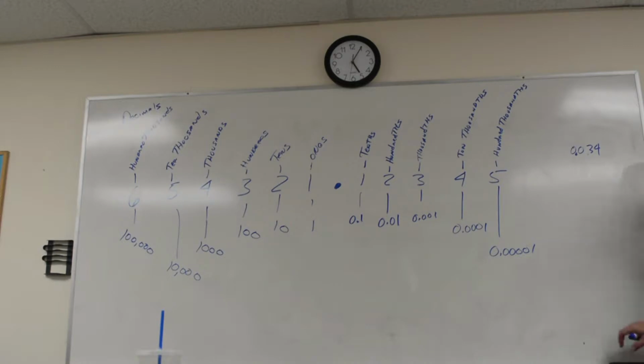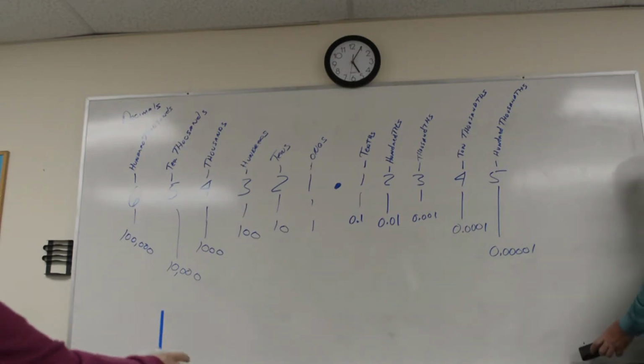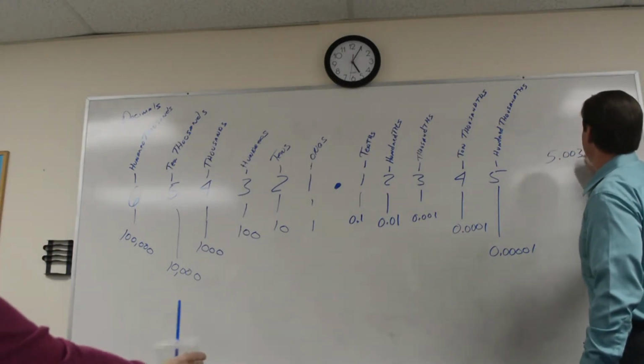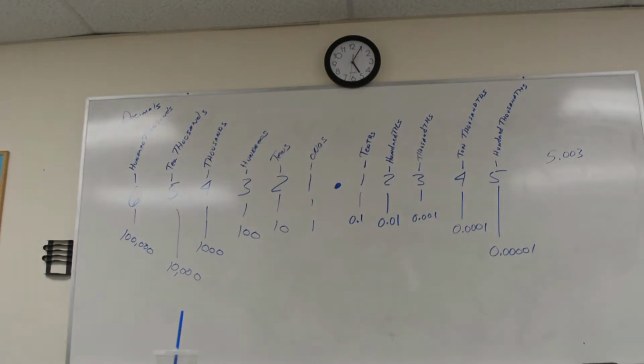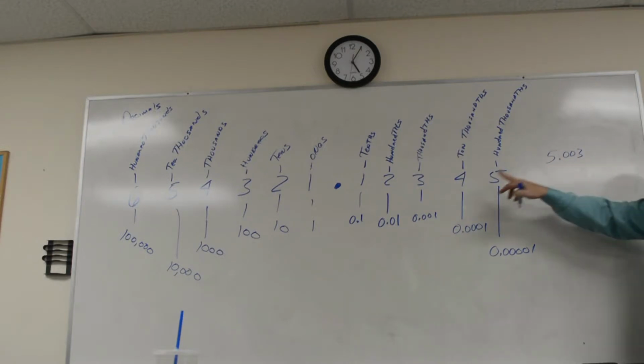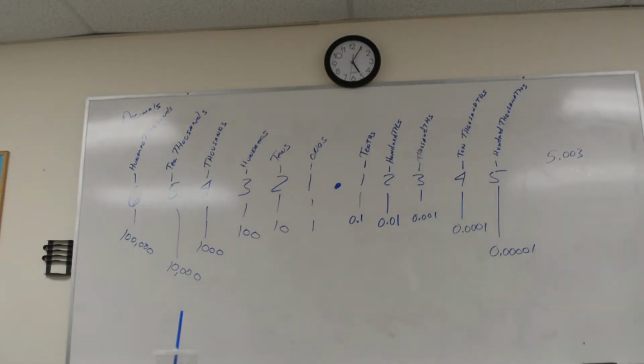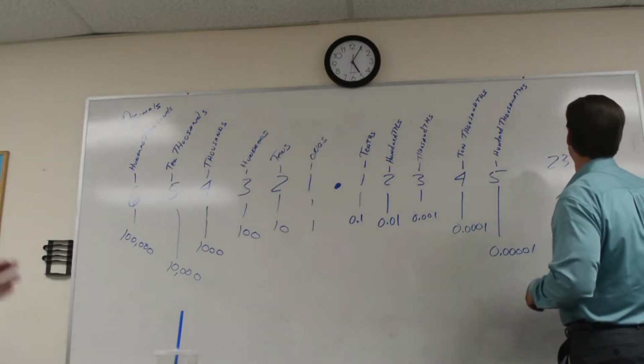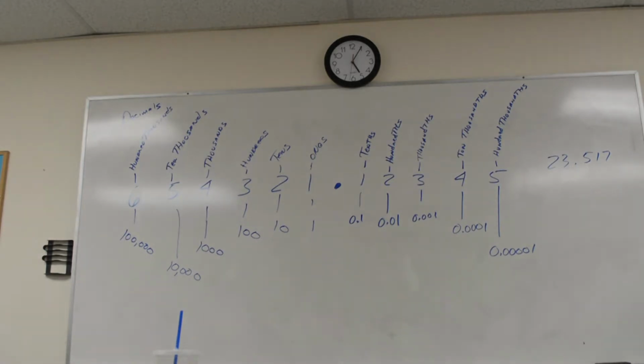Let's make it a little trickier. Come on, it's not that bad. How would we say that? 5. And is the decimal point, right? 3 thousandths. How would you say this? 517 thousandths.